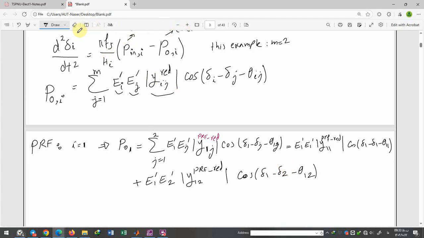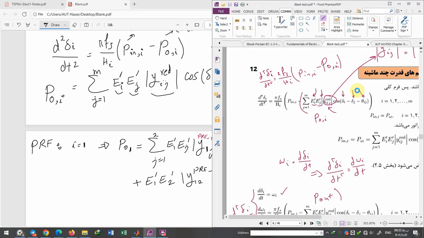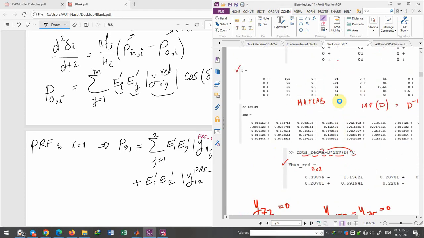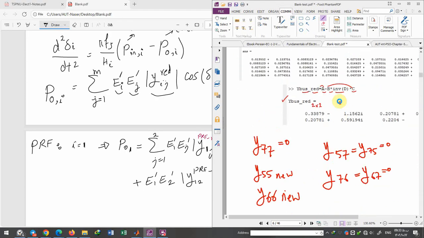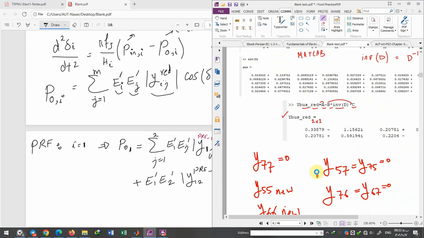After that we can use the Y-bus reduction.